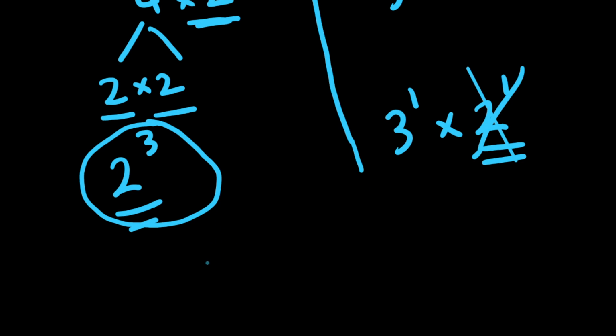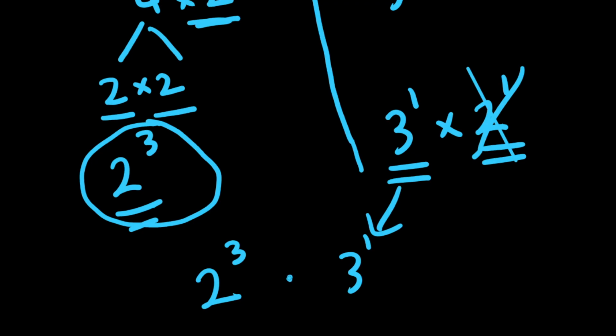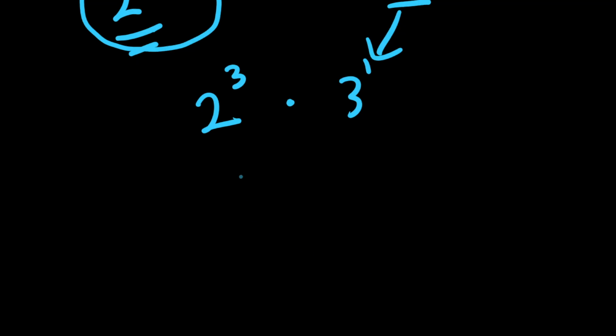So let's go down. We have 2 to the power of 3. We've gotten rid of this 2 to the power of 1. And we have this 3 to the first power, which we're going to bring over here. And we're going to multiply them. So now we have 2 to the power of 3 times 3 to the power of 1.